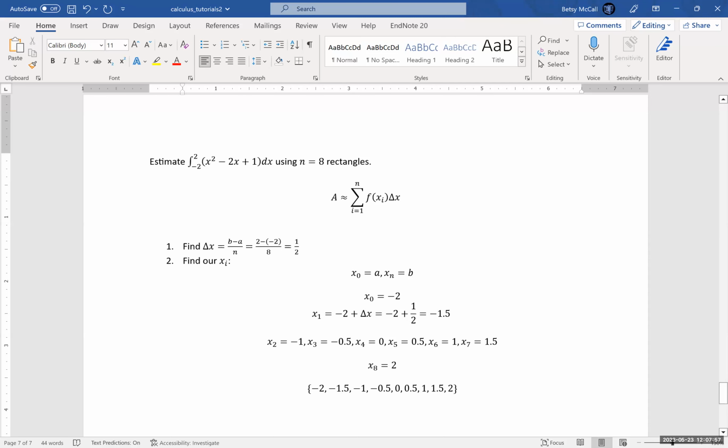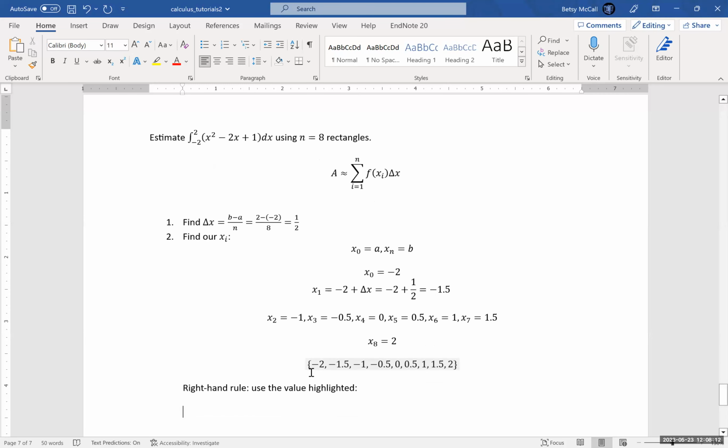Now, for the right-hand rule, use the values highlighted. These are the values that are the bounds of our intervals. We're going to use the right-hand version of these, which is going to skip the first value, because that's the left side of the first rectangle.